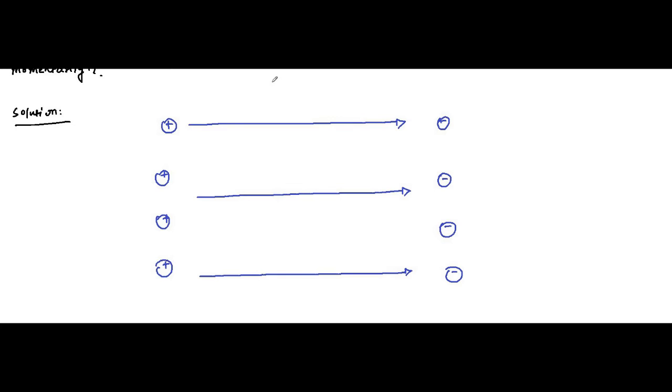This value of electric field is 2 into 10 to the power 5 Newton per coulomb. Then we have a positive charge which is thrown against the uniform electric field.